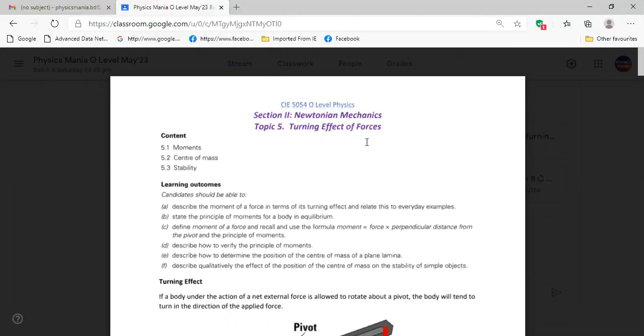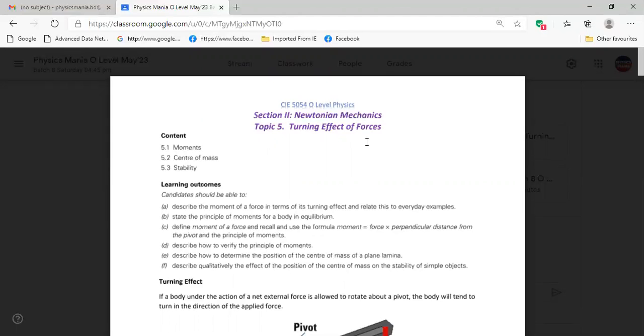So we have the principle of moments, where the object is in equilibrium. Equilibrium means balanced. If it is in equilibrium, there are two conditions.